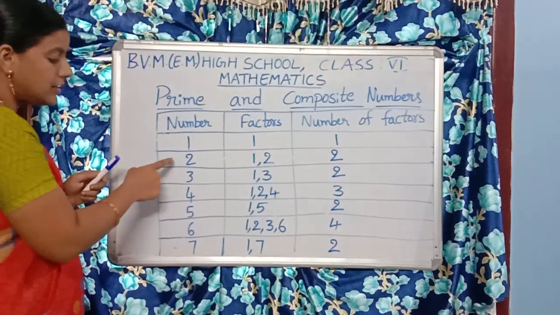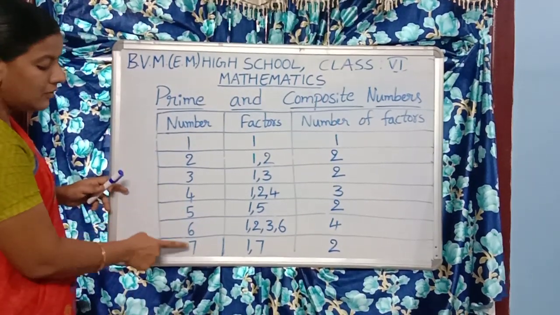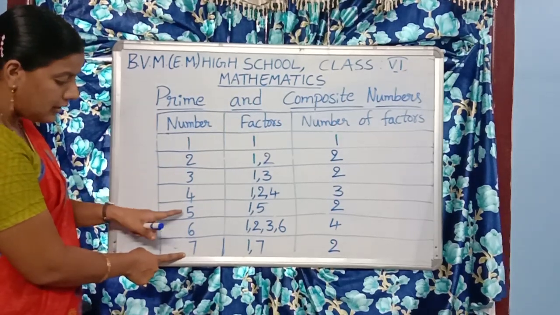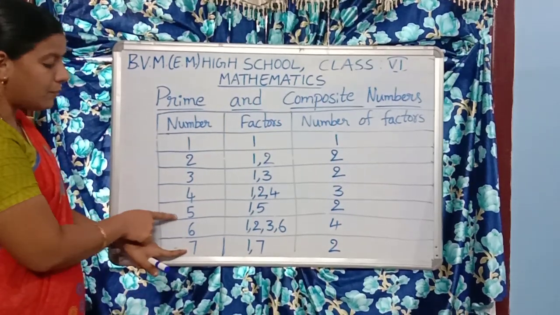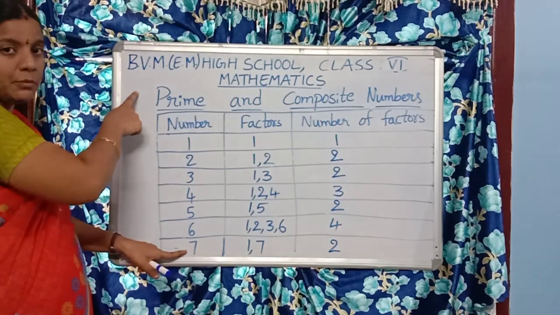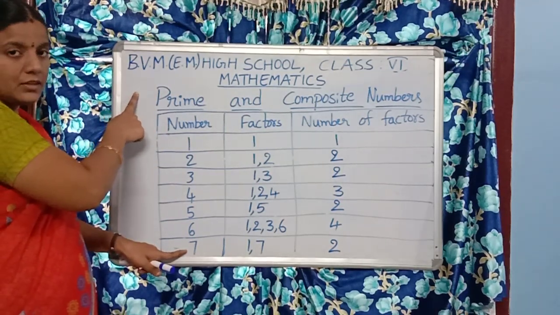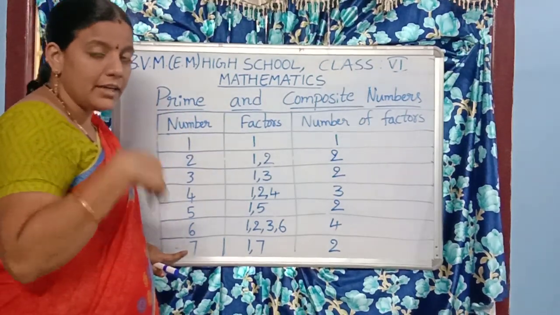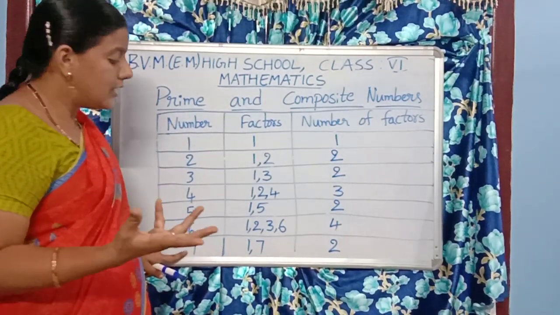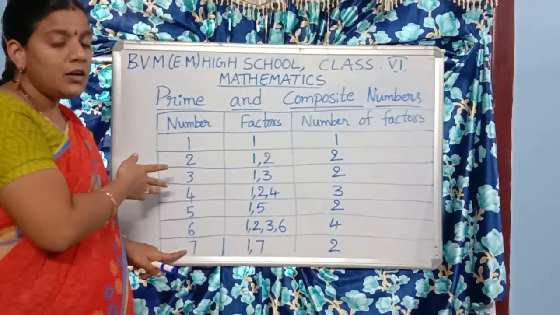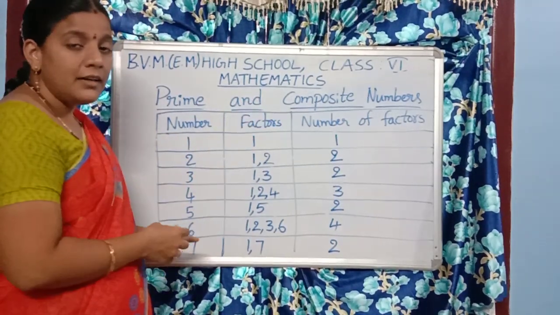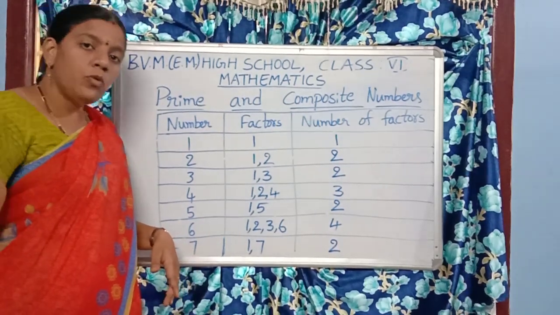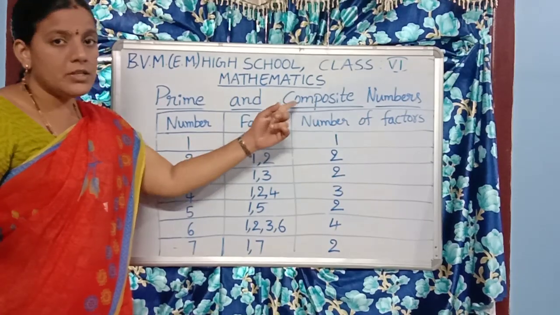So these numbers, 2, 3, 5, 7, are called prime numbers. The numbers that have only 1 and the number itself as factors are called prime numbers, and the numbers that have more factors are called composite numbers.